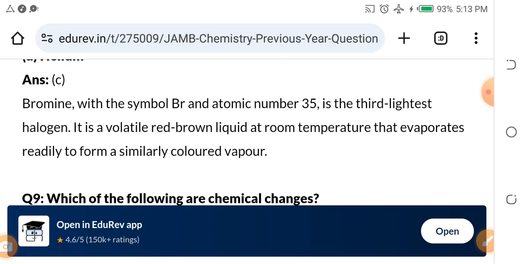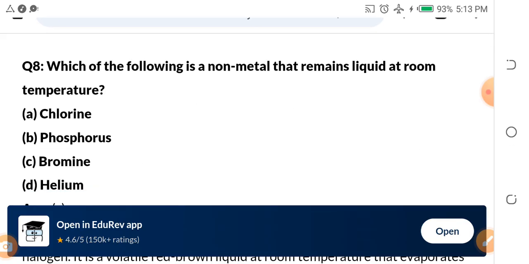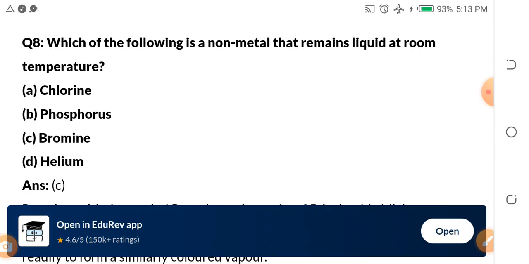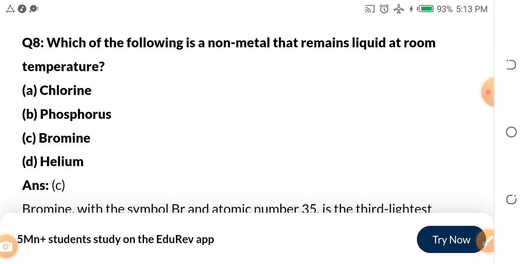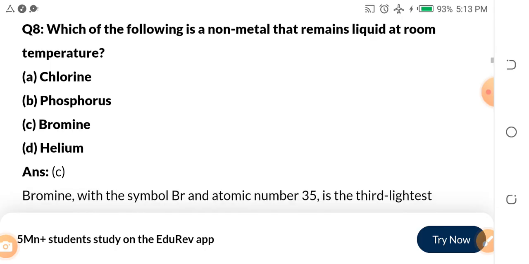Okay? Question number 8. What is question number 8 saying? Which of the following is a non-metal that remains liquid at room temperature? A. Chlorine. B. Phosphorus. C. Bromine. D. Helium. The answer is simple.